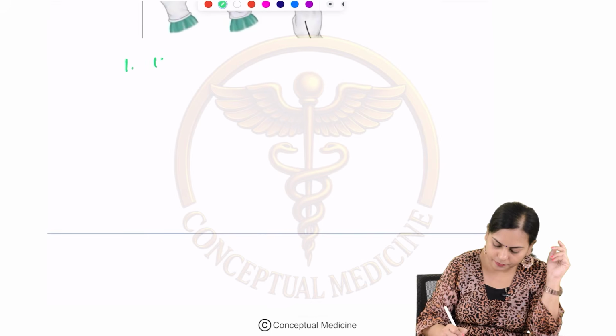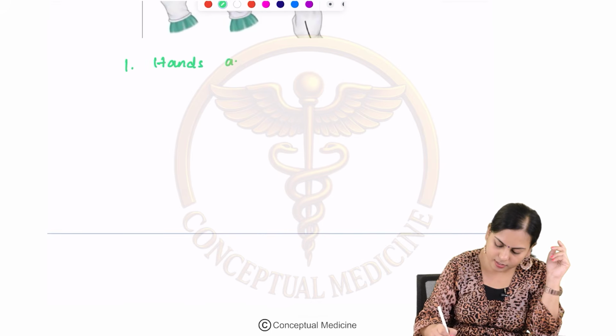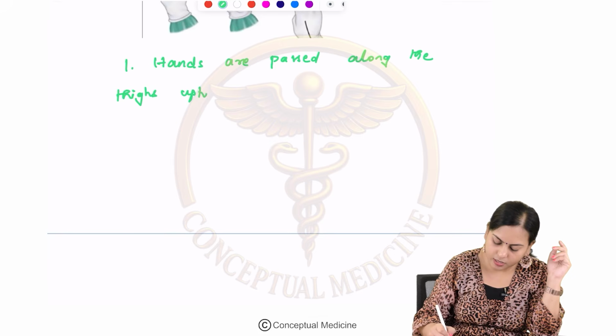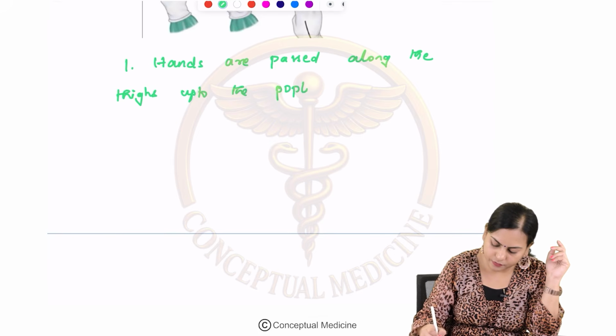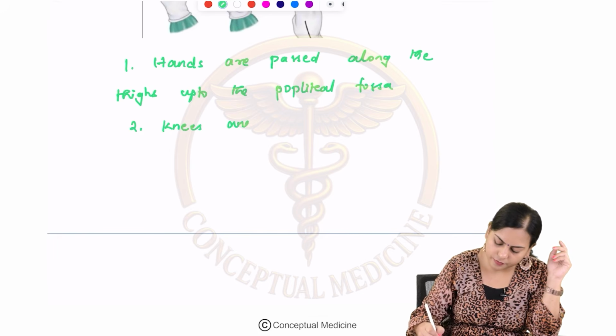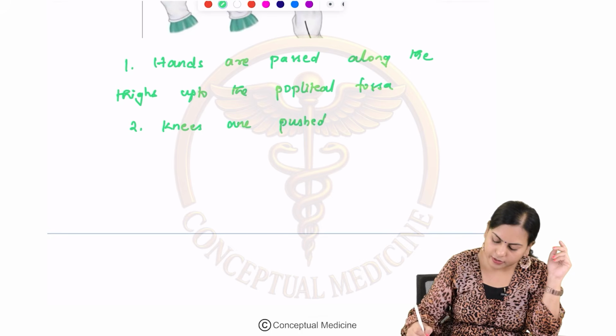Now first one, hands are passed along the thighs up to the popliteal fossa. Then knees are pushed laterally.